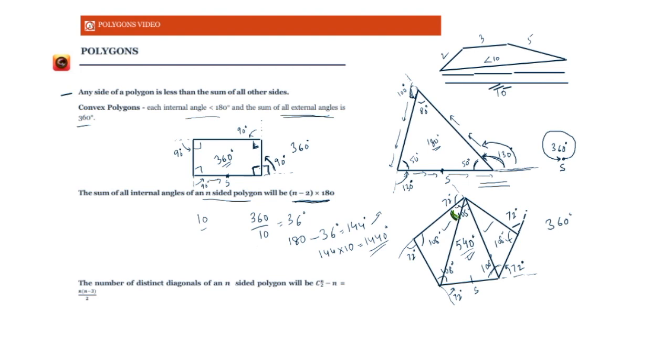So that means this angle, then this angle, then this angle, will add up to 180 degrees. Then look at this angle and this angle and this angle, they'll add up to 180 degrees. And then we are left with this angle, then this angle, and this one.